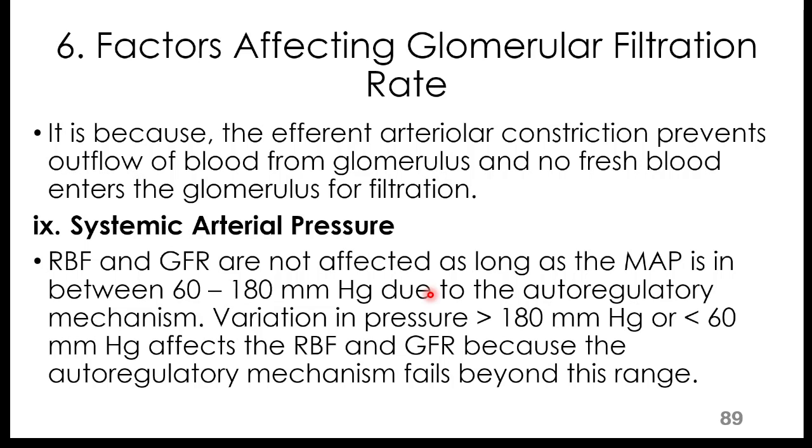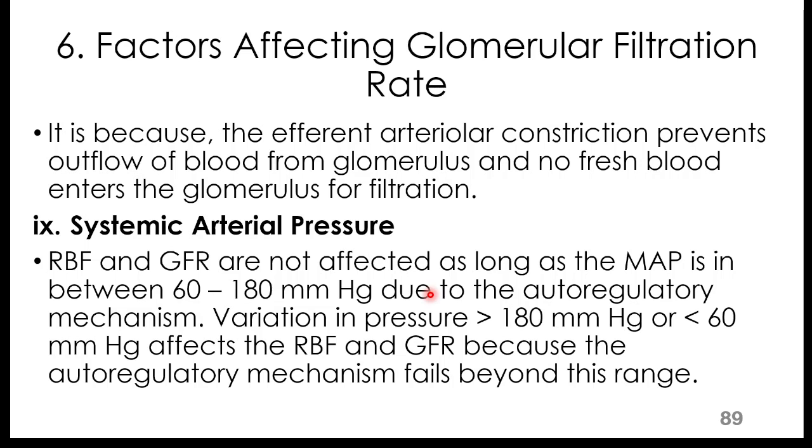The autoregulation of the renal blood flow means that the GFR and renal blood flow are not affected as long as the mean arterial pressure of systemic circulation is between 60 to 180 millimeters of mercury. But anything beyond this, either more than 180 or less than 60, affects the renal blood flow and glomerular filtration rate because the autoregulatory mechanisms fail beyond this range.